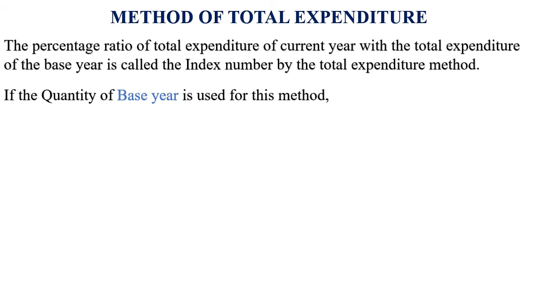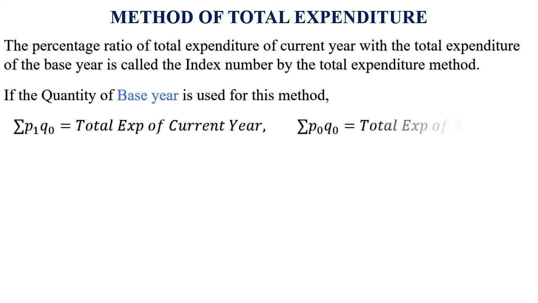Similarly, if in the method of total expenditure we are using the base year quantity, that is Q0, then summation P1 Q0 will be the total expenditure of the current year, because it uses current year prices and base year quantity, and the total expenditure of the base year will be summation P0 Q0, because it uses base year price and base year quantity. So P1 Q0 is the current year total expenditure, and P0 Q0 is the base year total expenditure.